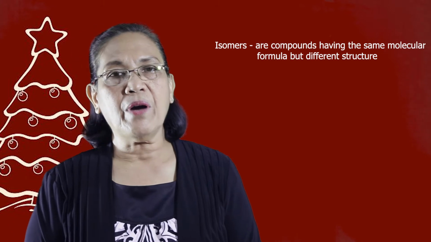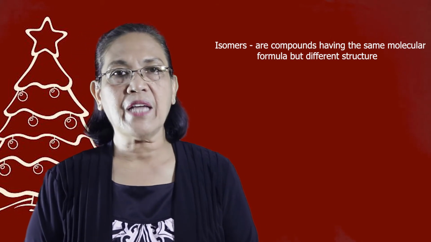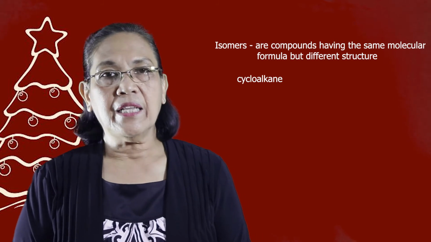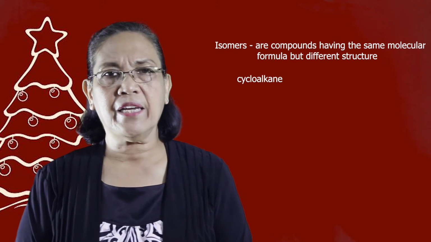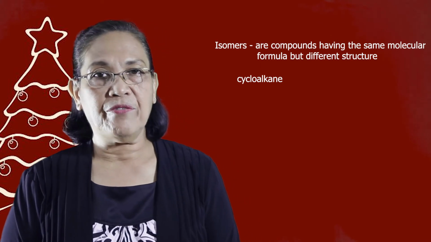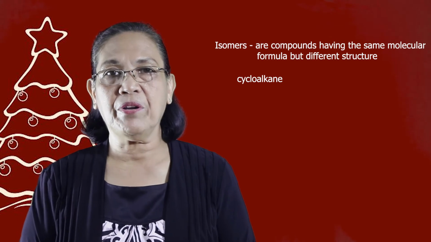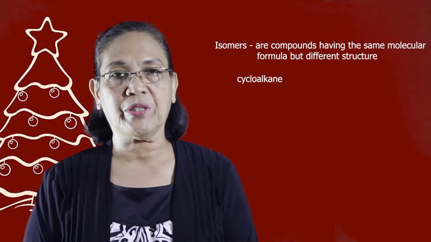There are also alkanes in cyclic structure. They are called cycloalkanes. Now, how many carbon atoms are needed in order to form a cyclic compound? If you have 3 carbon atoms, then you can already form a cyclic structure.